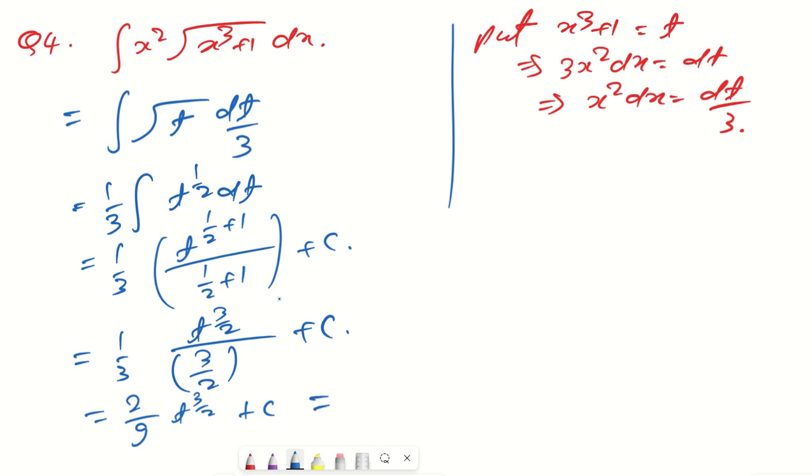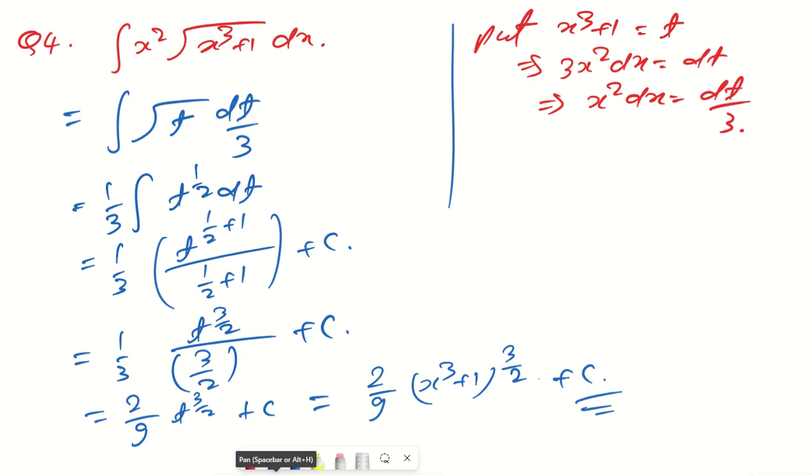This can also be written as 2 by 9 t to the power, and t can be written as x cube plus 1. So this can be written as 2 by 9 times x cube plus 1 to the power 3 by 2 plus some constant c. So this is your answer.